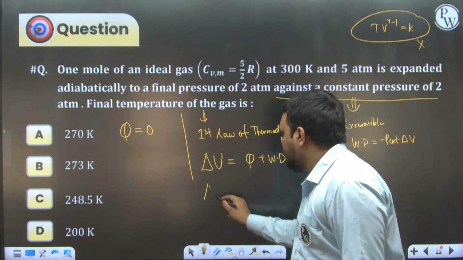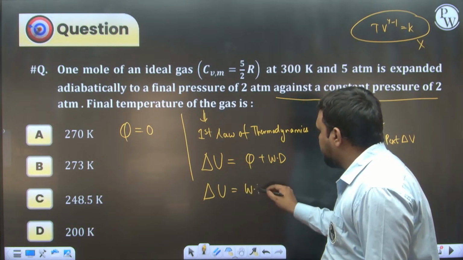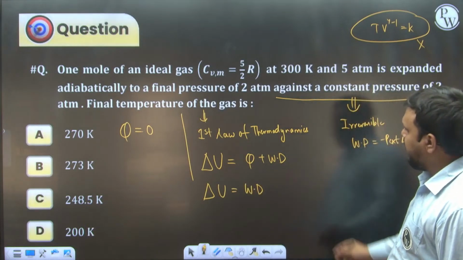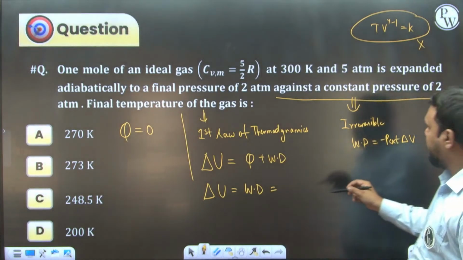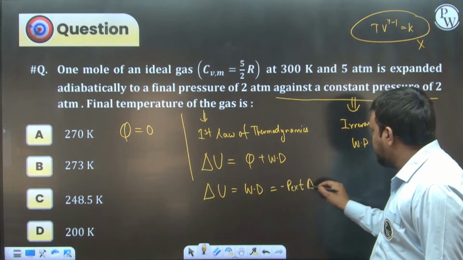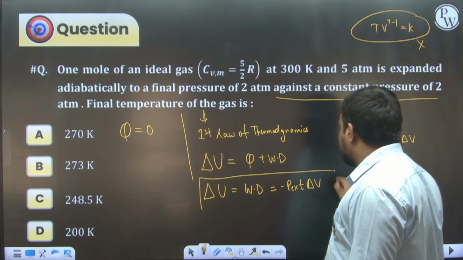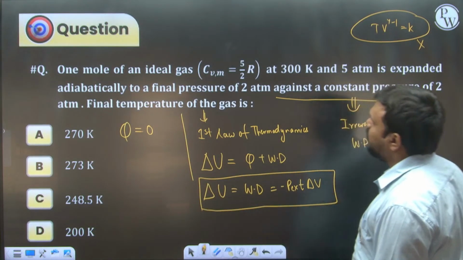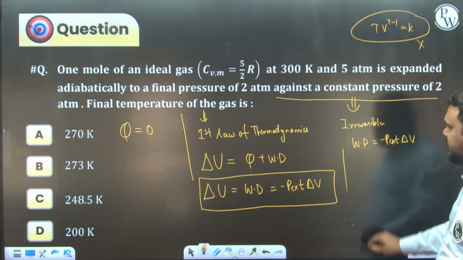So delta U is equal to work done. And this work done, as I told you, for an irreversible process is minus P external delta V. So you have to apply delta U is equal to minus P external delta V to get the final temperature. So let us see how to proceed.